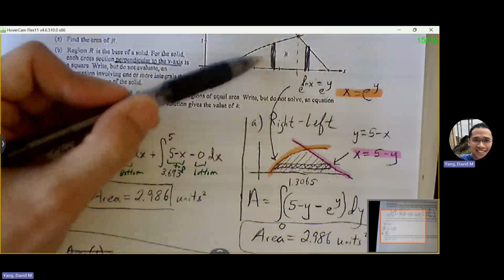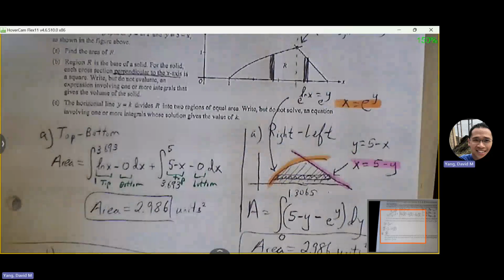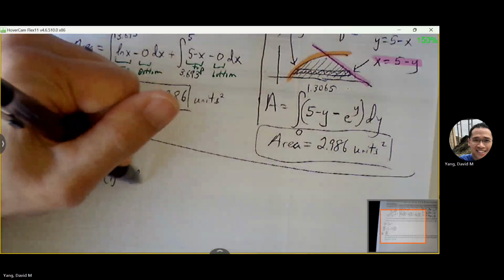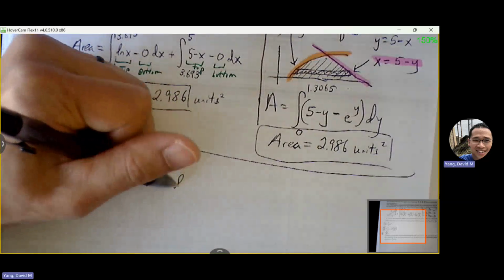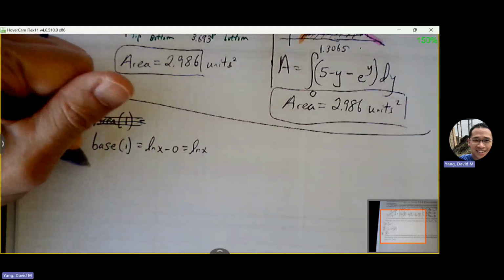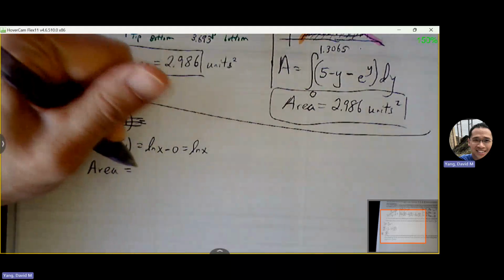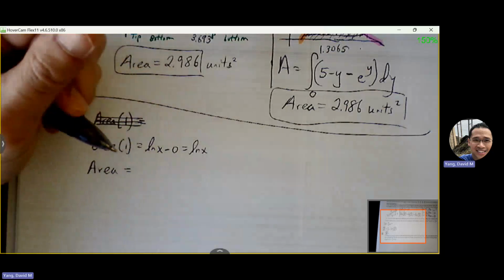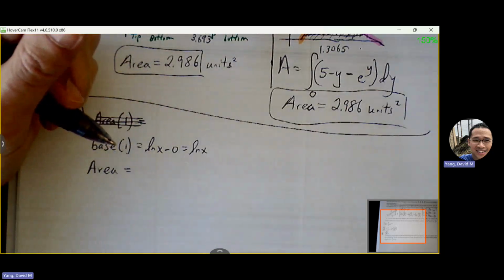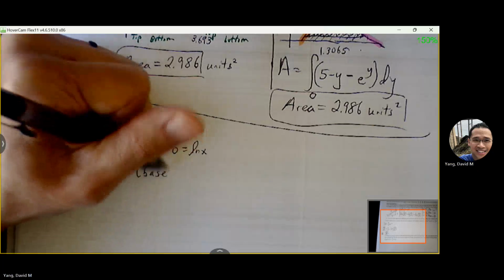Base 1 is going to be the dimension here, top minus bottom, which is natural log of x minus 0, which is just natural log of x. I'm going to take that base and upgrade it to the area. So area for a square, right? We have different shapes here. It could be a square, it could be an equilateral triangle, it could be a semicircle. But the formula for a square is just base squared.